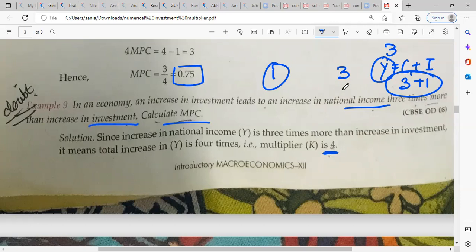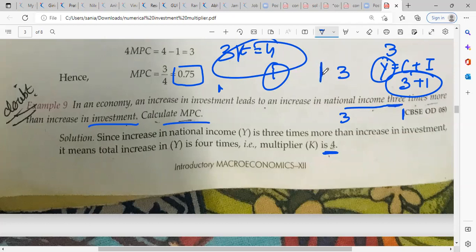That means that 3 times this is increasing, right? And this is 1 time, right? Clear? Investment is basically 1 time. So it is increasing 3 plus 1. So what is the total multiplier? It is 4, right? Because they have given 3 times, and the other which they are comparing will be only 1 time. So 3 plus 1 is 4.